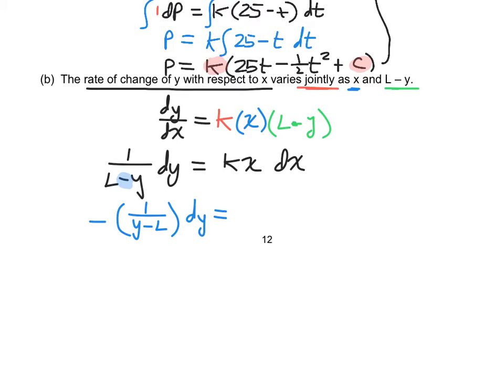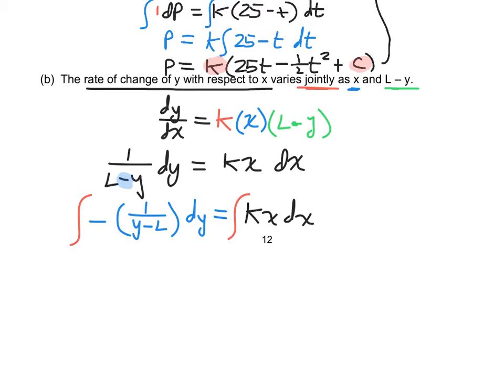All right, the reason why I didn't put K in the word problem is because I knew that we would be using K in the setup of the joint variation. All right, so on the right hand side, I'm going to have the kx dx. All right, I'm going to integrate.